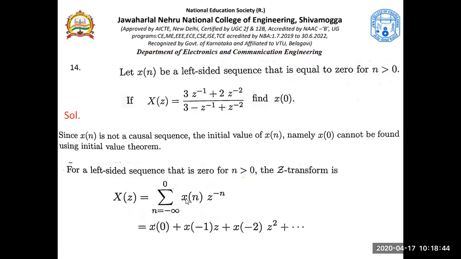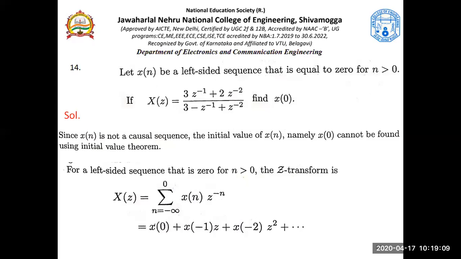So for n equal to 0, we have x of 0. What do we have for n equal to minus 1? It is x of minus 1, z to the power of minus of minus 1, that would become plus 1 here. Similarly, for n equal to minus 2, it is this. For n equal to minus 3, you'll get this. So till n equal to minus infinity, this is written.